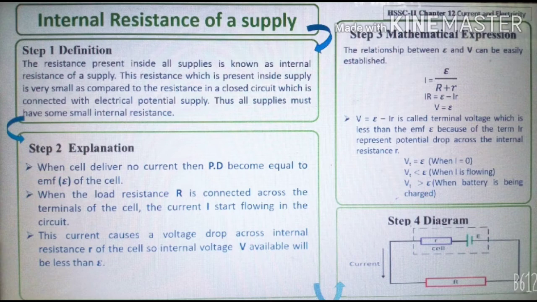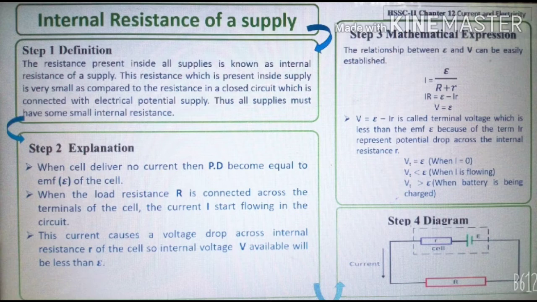Current flows from higher concentration to lower concentration in a closed electrical circuit when it is connected across a potential difference. The internal resistance is small as compared to the external resistance of the circuit.